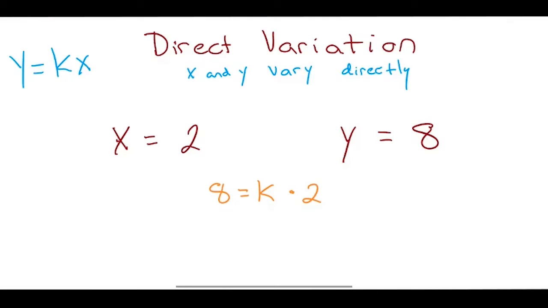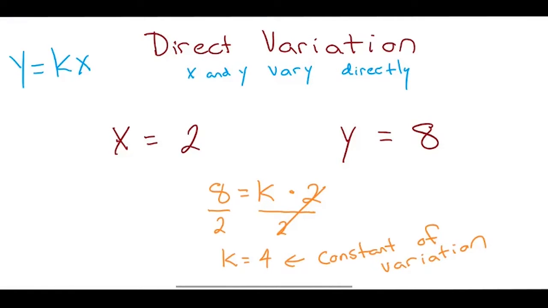I want to find the value of k, so I will divide both sides by 2. Those cancel. 8 divided by 2 is 4, so k equals 4. This k is called the constant of variation.